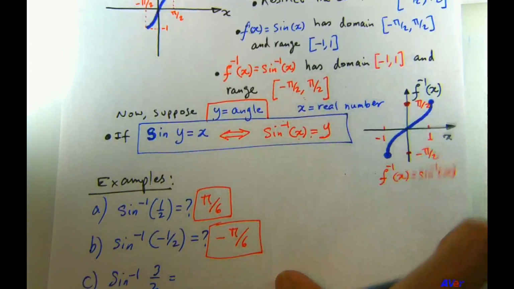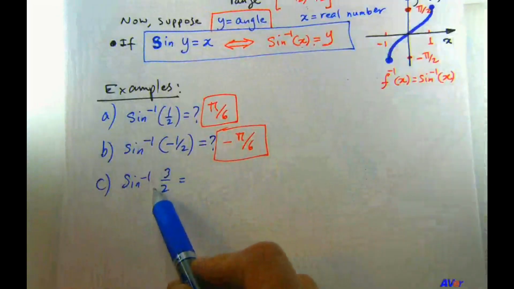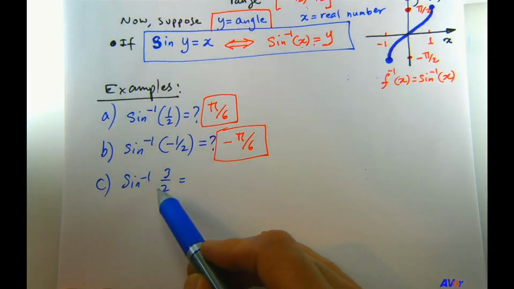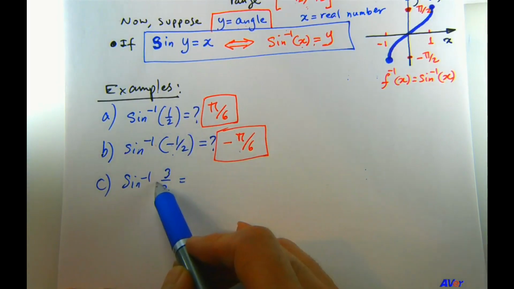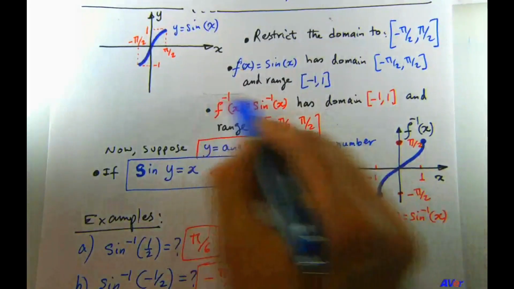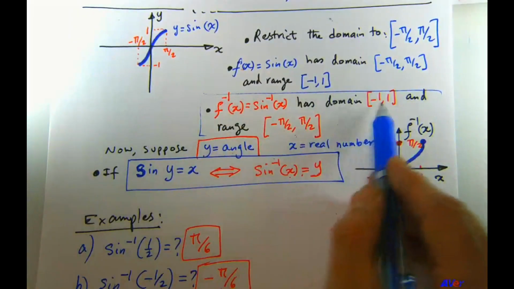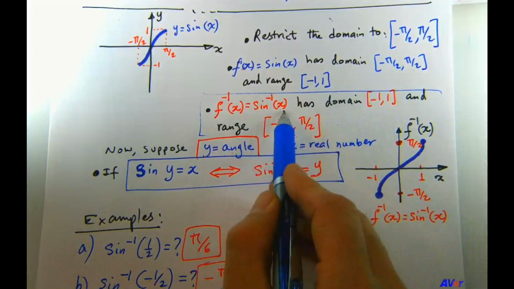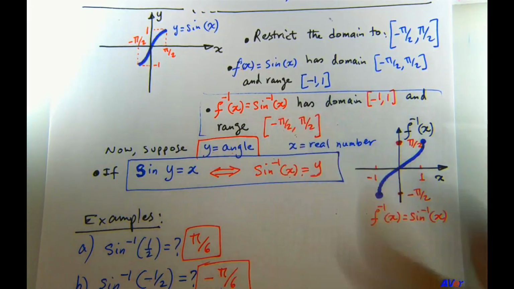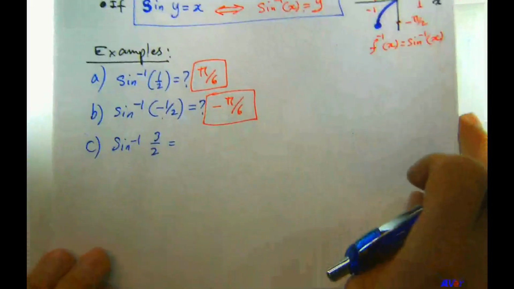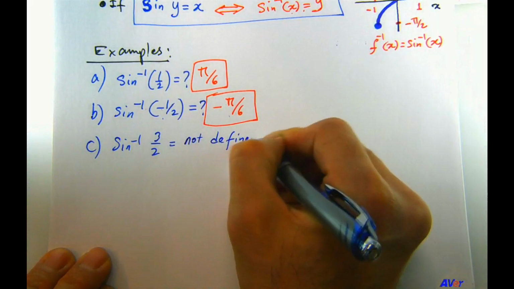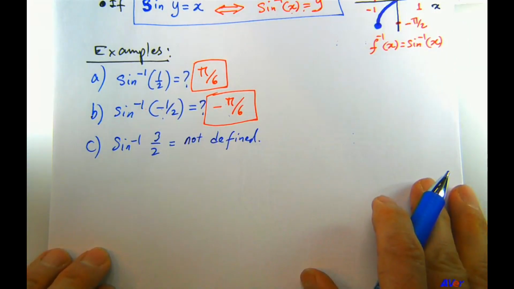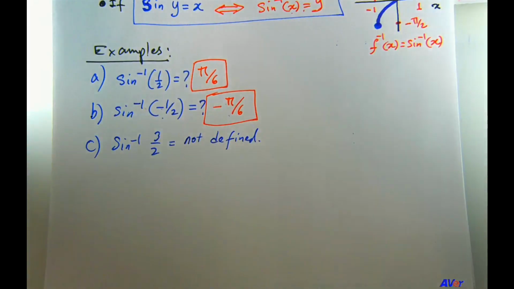We restricted the domain. This is the domain, this is the range. So 3 over 2 is outside of the domain for this inverse sine function. So it's undefined. We cannot have that for the inverse sine function.